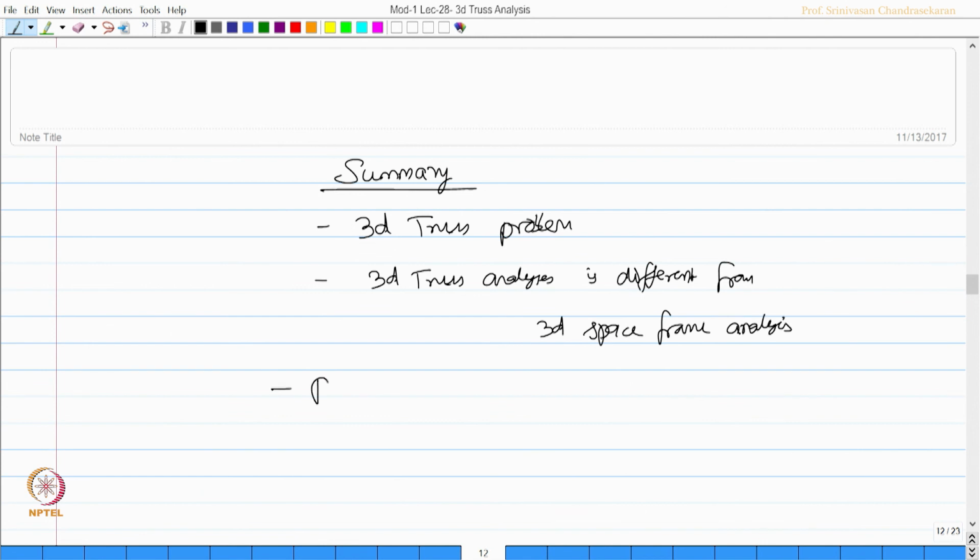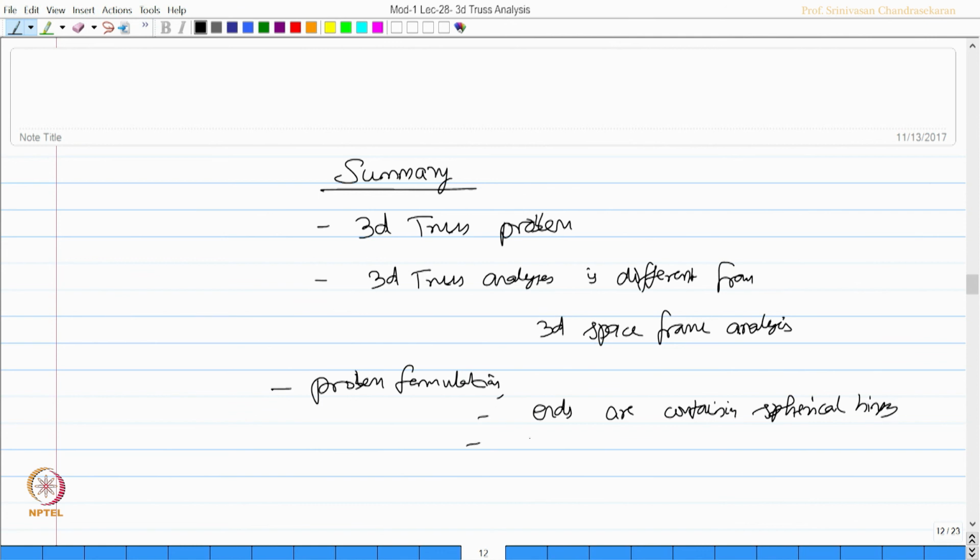In the problem formulation, we have assumed that ends are containing spherical hinges, that is the first assumption we made.